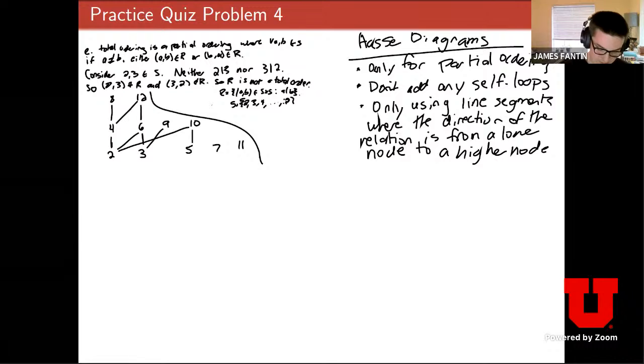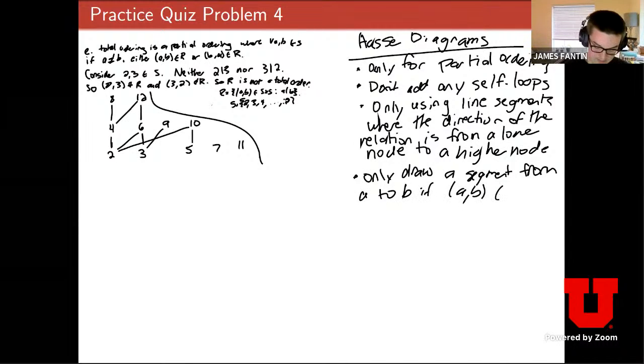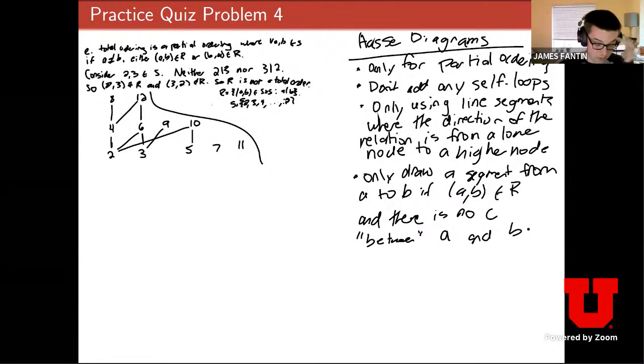And then the other rule is we only draw a segment from A to B if (A, B) is in R, and there is no C between A and B. In other words, for this example, we don't draw a line from 2 to 8 because (2, 4) is in the relation and (4, 8) is in the relation.